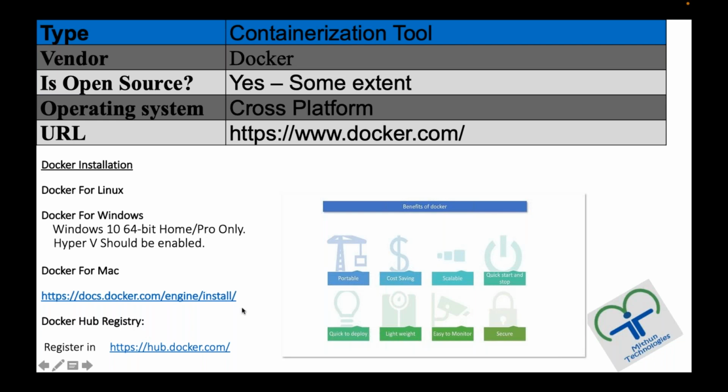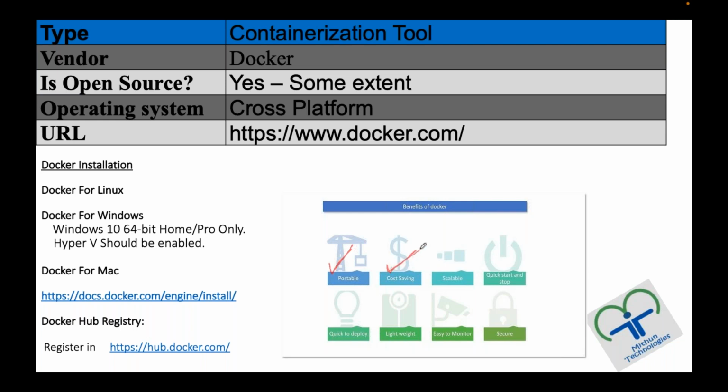Now, the benefits of Docker. We already discussed, but again, portable. What is the meaning of portable? Will I be able to move my container from one system to another system easily? And also cost saving. Why is it cost saving?